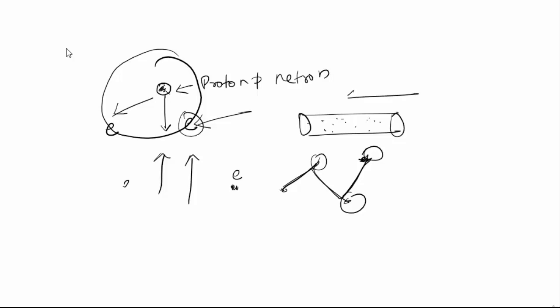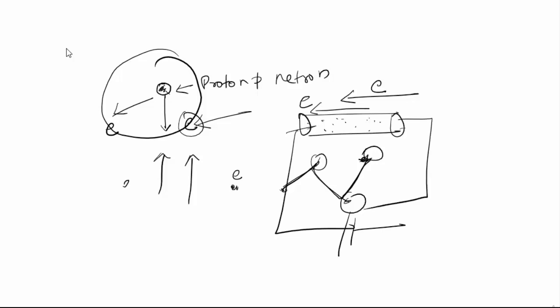But if you apply an electric field in this direction, or connect this to a battery, causing a current to flow in this direction, and the electrons move in this direction, then there will be some net work done.